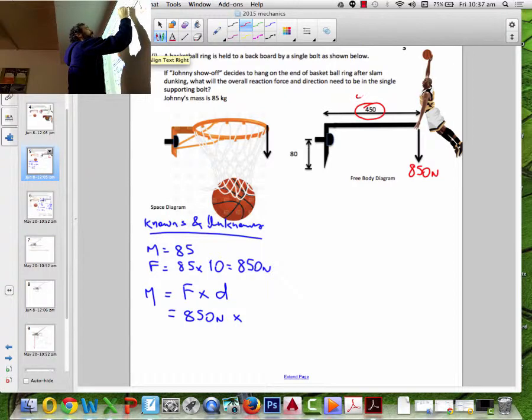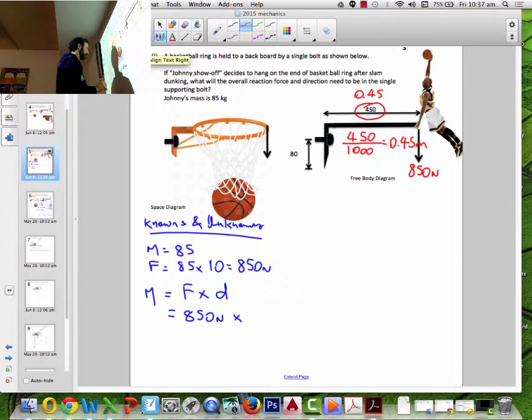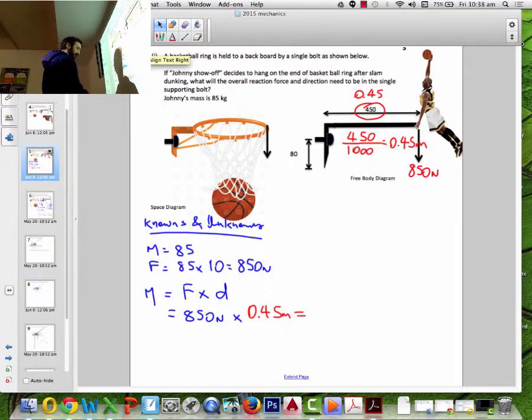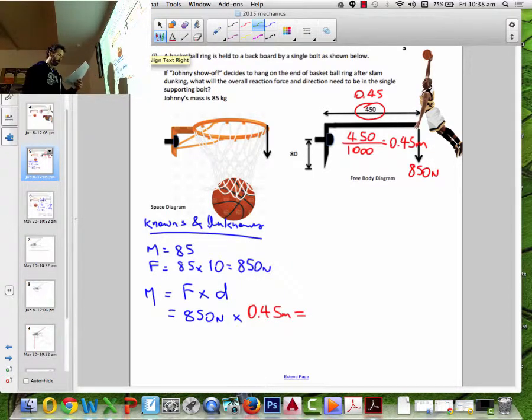That is equivalent to 0.45 meters, because 1,000 millimeters is 1 meter. So I've got times 0.45 meters.